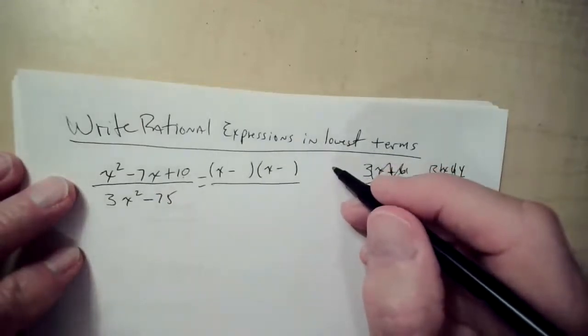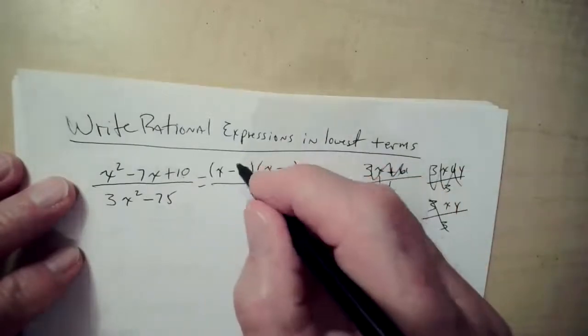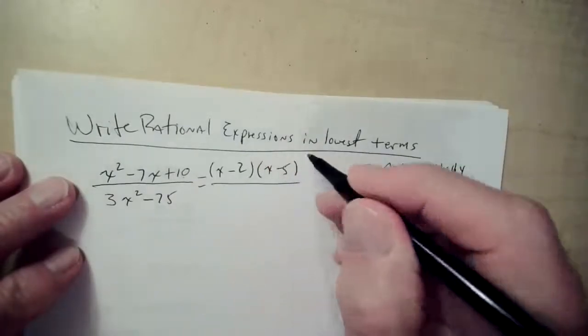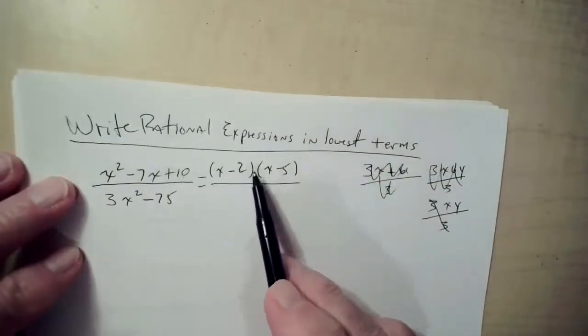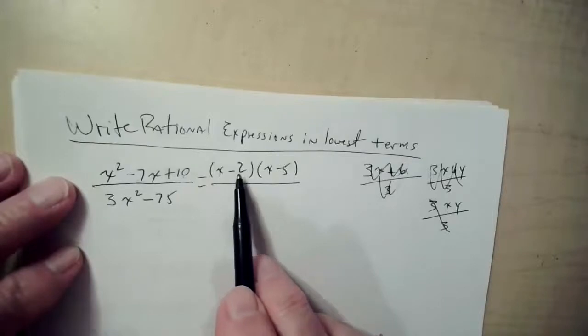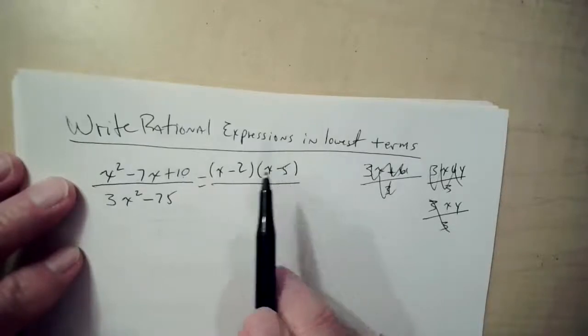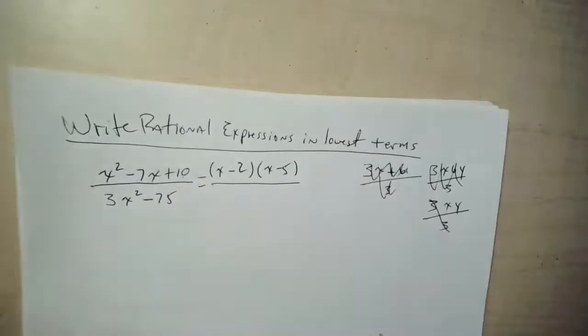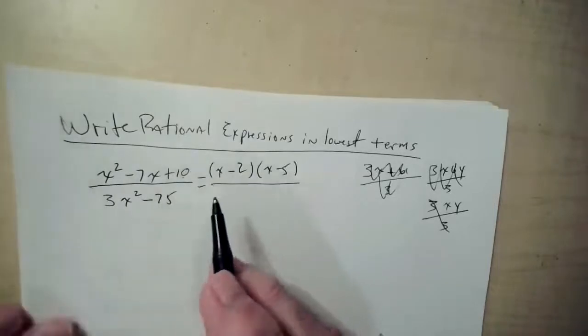That's going to be 2 and 5. Negative 2 times negative 5 is positive 10. And negative 2 minus 5 is negative 7. So we're correct. Now, what can we do here?